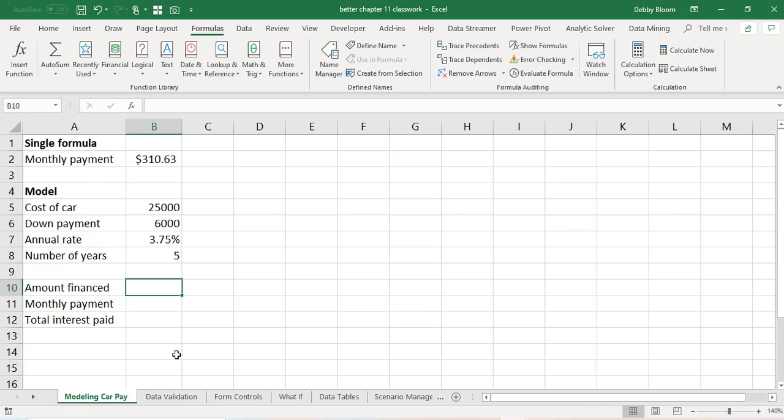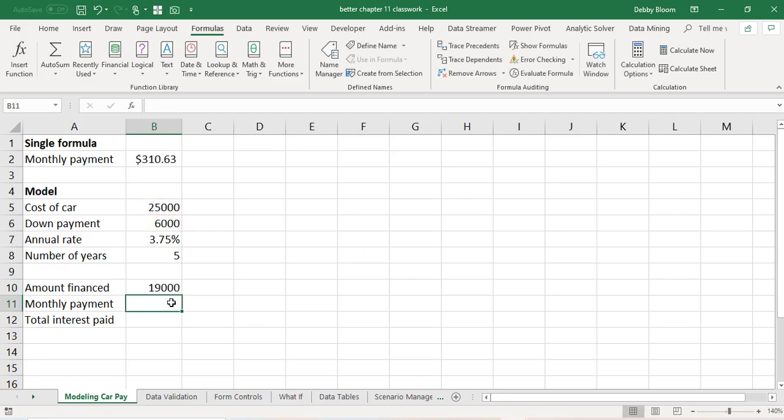It's not really necessary, but it'll make the payment and the total interest paid a little bit easier to calculate. So I'm going to click in cell B10, and I'm going to type equals, and I take the cost of the car, cell B5, and then subtract the down payment, cell B6. Notice how there are no numbers in this formula in my output area. I'm depending upon cell references only.